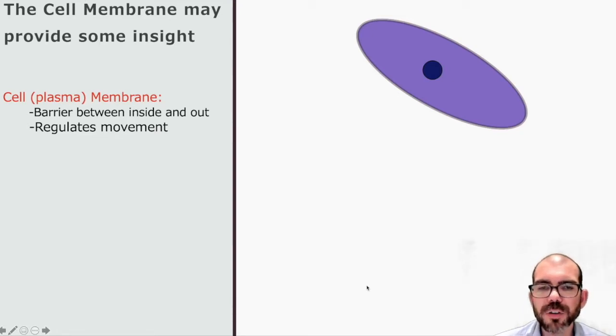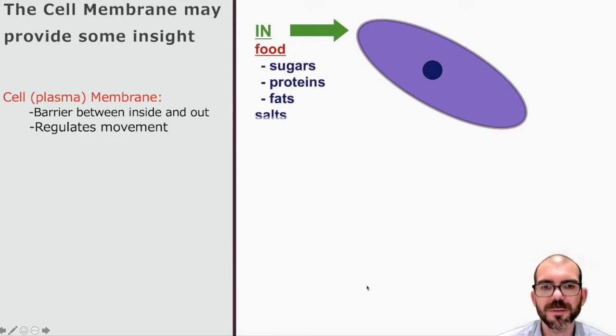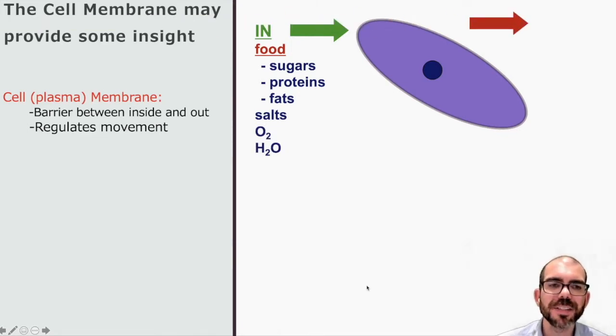The cell membrane, also known as the plasma membrane, is the barrier between the inside of the cell and the outside of the cell, and it's going to be able to regulate movement. Specifically, a cell has certain substances that need to move in. It needs to have food, such as sugars, proteins, fats, and salts, oxygen and water as well for all those chemical reactions, and it needs to move substances out.